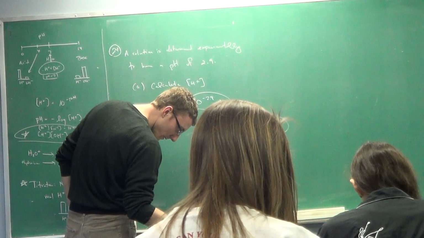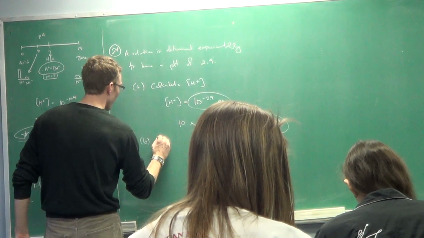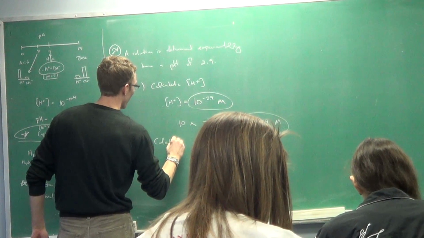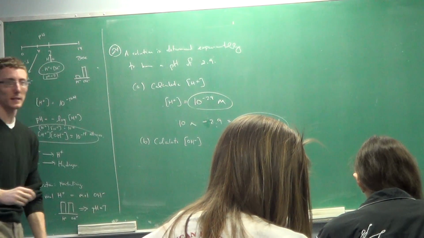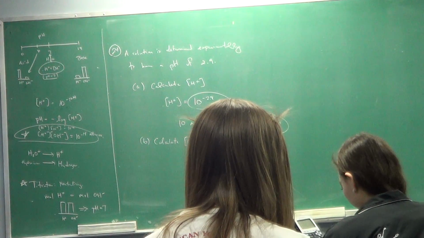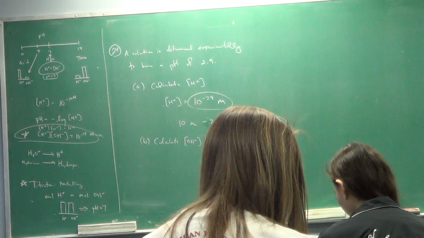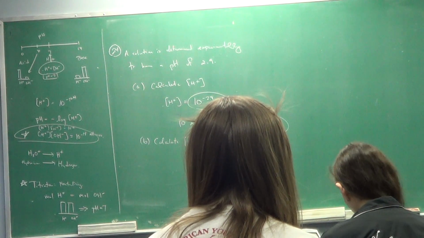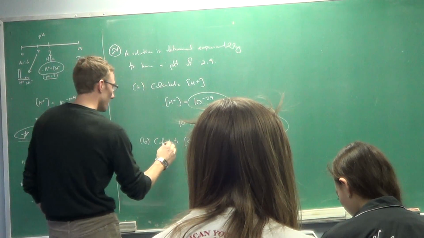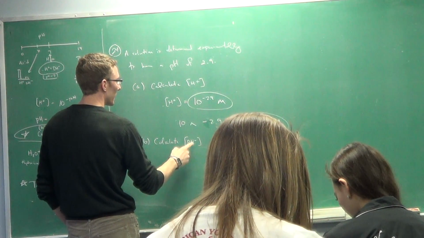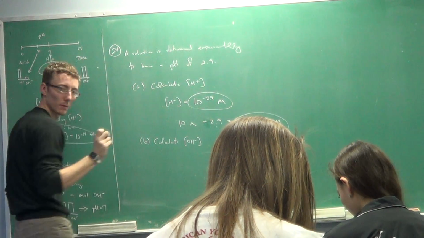For B part, it says calculate the OH minus. Now, again, this is going back to Jordan's point.